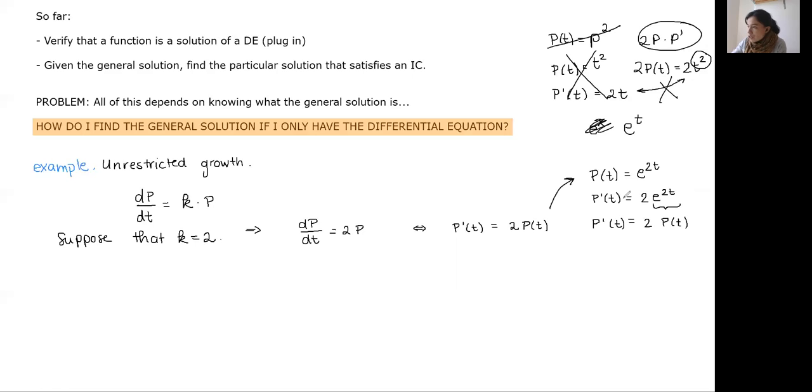Which means that if I find the derivative of the function p, I'm going to have 2 times the same function that I started, which means that the derivative of my function is going to be 2 times the original function. Is that a little bit better? I think Lauren and Jennifer and maybe a couple other people had answered. Isn't that clear? Is this okay for everybody? Yep. Yeah, okay, thank you.